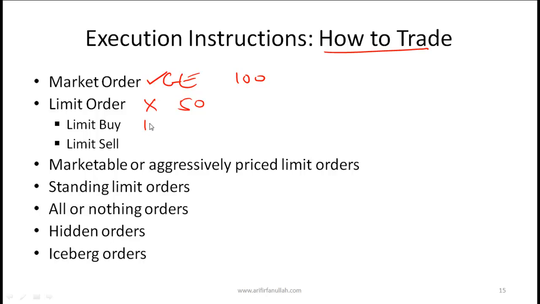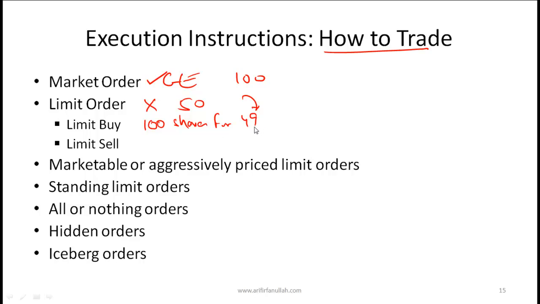So you might put a limit buy where you say that you will buy 100 shares for 49. You are saying that if the price comes down from 50 to 49, only then should the broker buy for you.